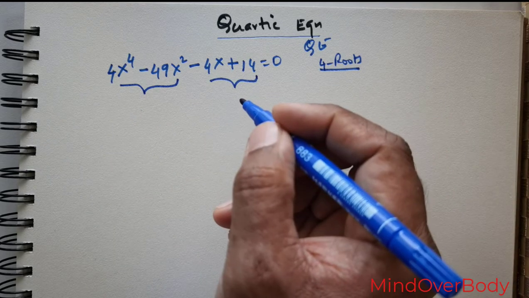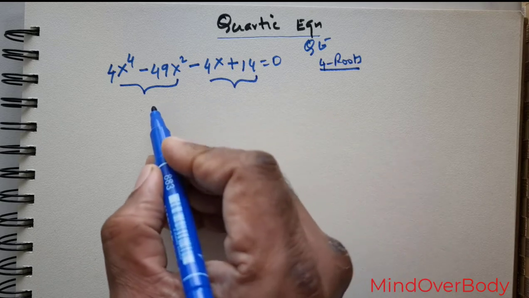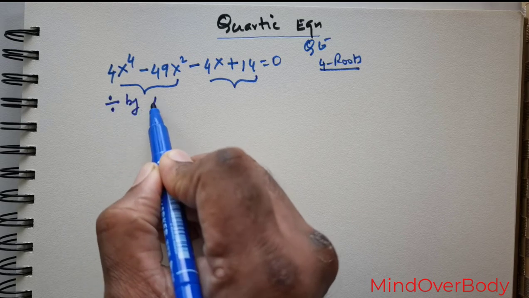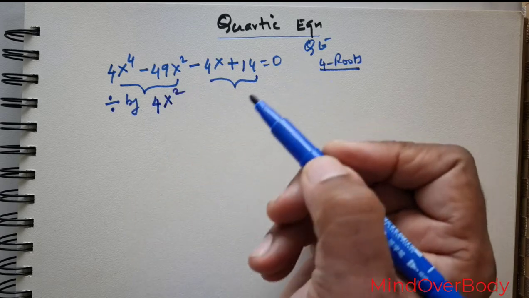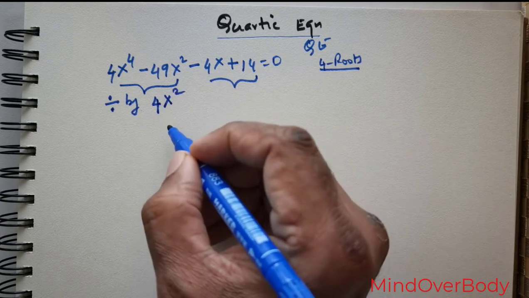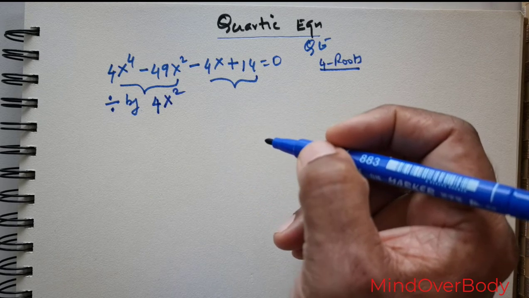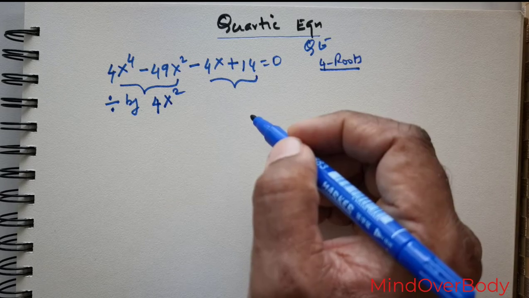Before I can do that, I would like to divide the entire equation by 4x squared. Now you might be wondering why. Because this is the most efficient way this particular equation can be reduced. That is the reason I'm dividing by 4x squared.